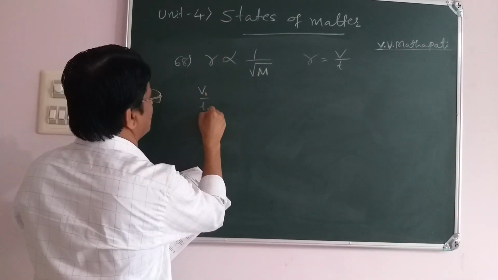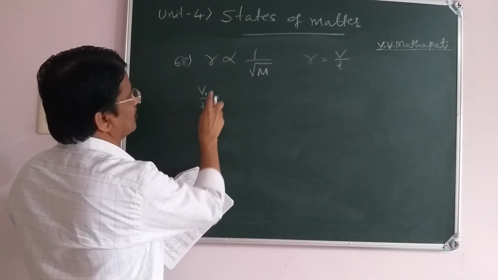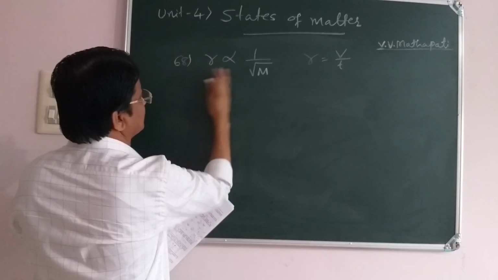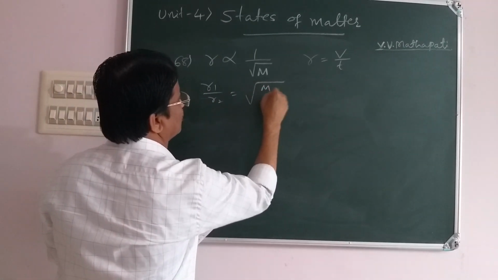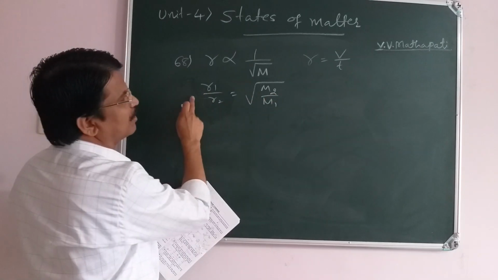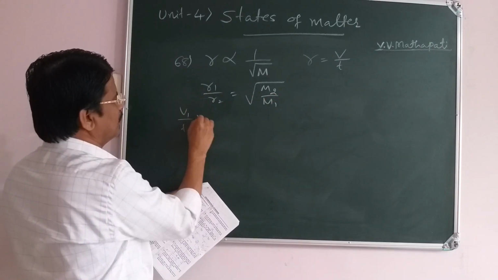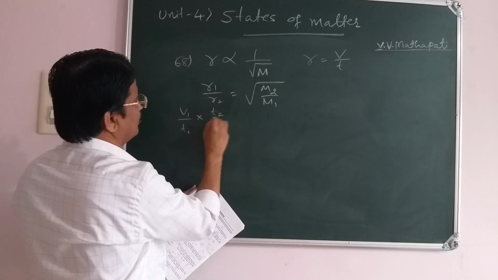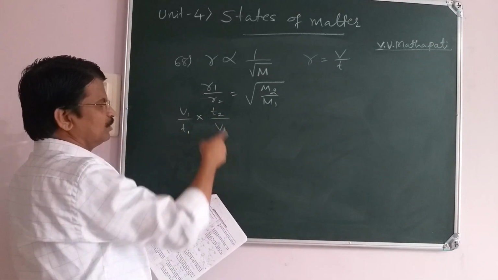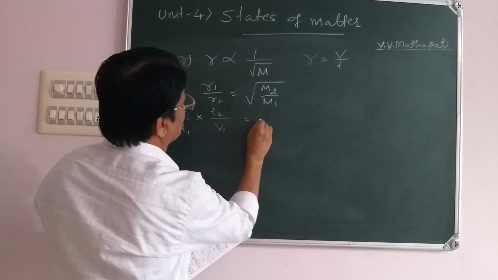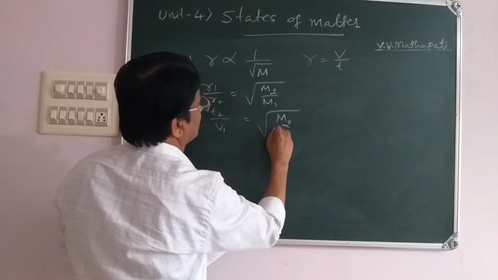So use this formula: R1 by R2 equal to root of M2 by M1. Then R1 is V1 by T1, divided by V2 by T2, so T2 comes out, equal to root M2 by M1.